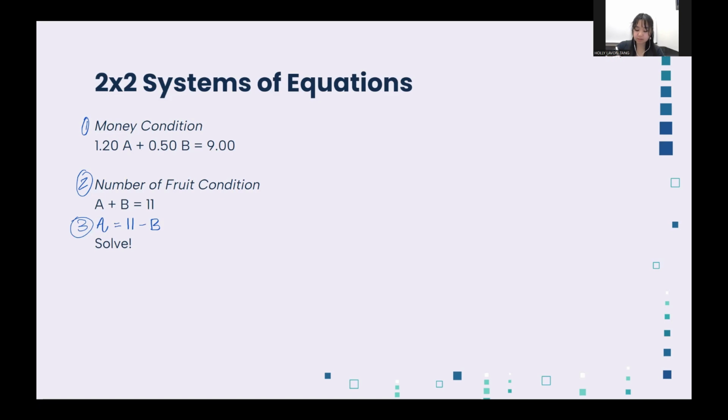Now what do we do? We put a into the second equation, so it'd be 1.2 in parentheses 11 minus b, plus 0.5b, and then just distribute from there. What do we get? I can't do decimal math in my head, to be honest.